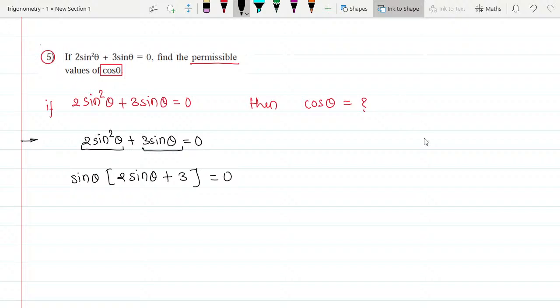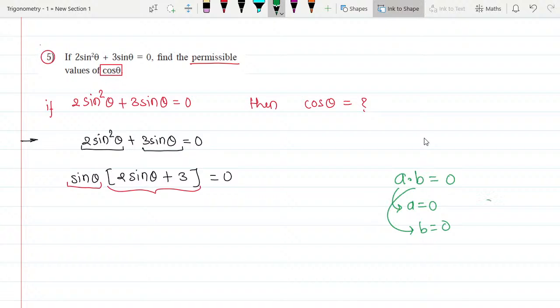Now if you observe this equation, we have two terms in it, one is this and the other is this. So this is of the form a into b is equal to 0. Now tell me, if the product is 0, can I say either a is 0, or b is 0, or both a and b are 0? Then only this is satisfied.